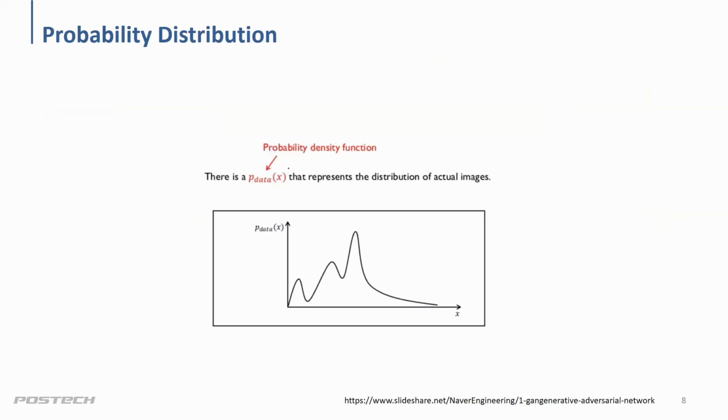So let's see, there is a probability density function for the data that represents the distribution of actual images.